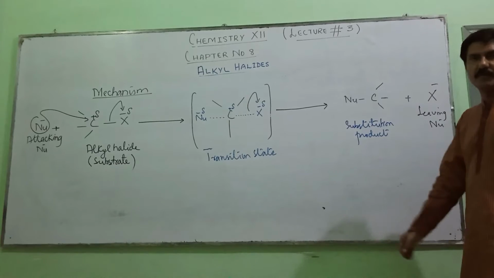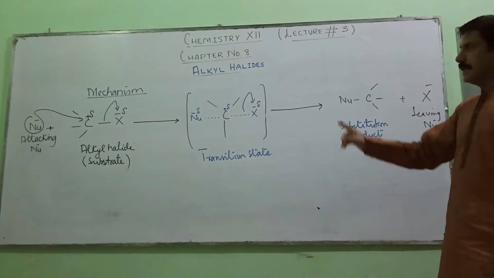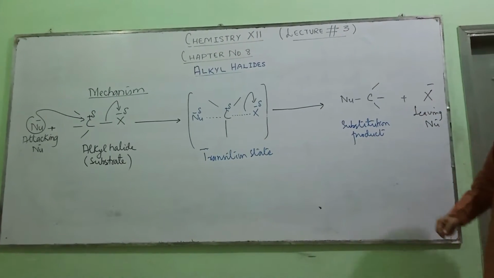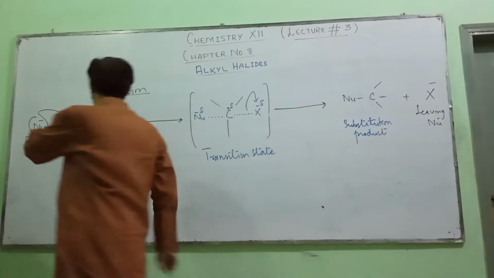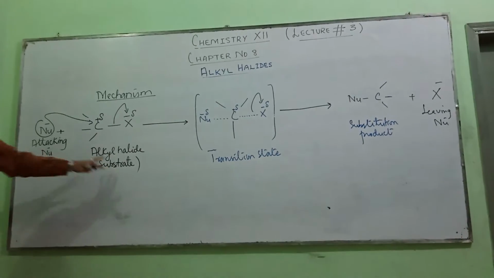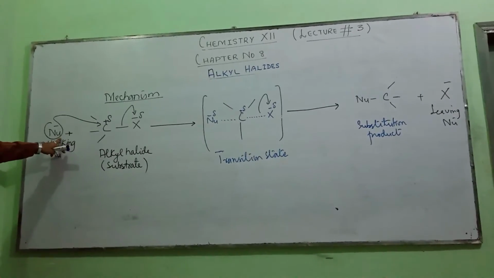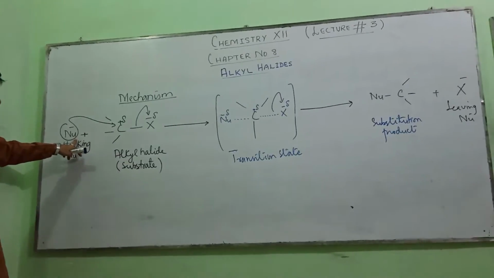Again, one thing you have to remember here is that the rate of SN2 reactions always depends upon both the species, not only the alkyl halide molecule, but the rate of such type of reactions also depends upon the concentration of the attacking nucleophile.